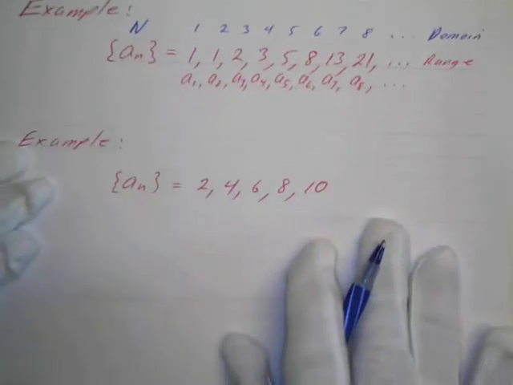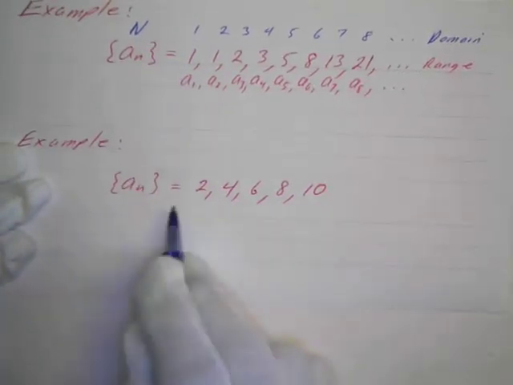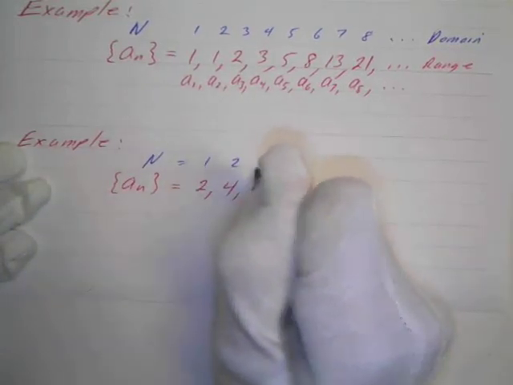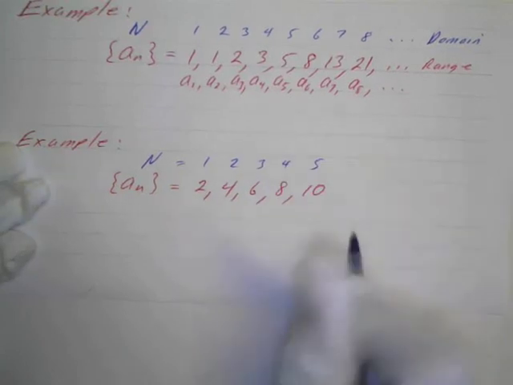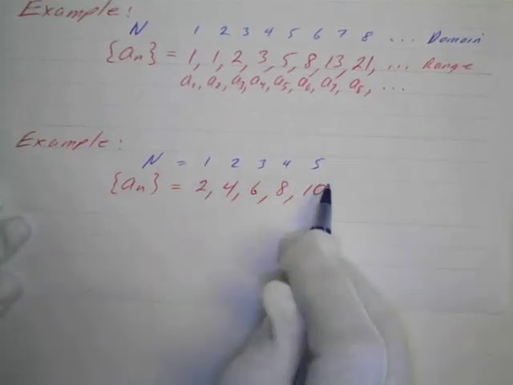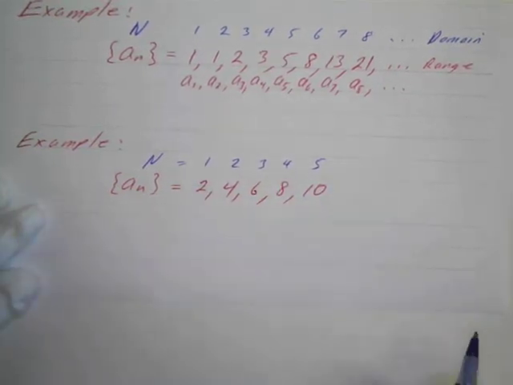And here's another sequence, and it's going 2, 4, 6, 8. There's only 5 terms. So if I look at my natural numbers, this is going to be 1, 2, 3, 4, 5. We only have 5 terms, which is a subset of all the natural numbers. So since we only have 5 terms, this is what we call a finite sequence.